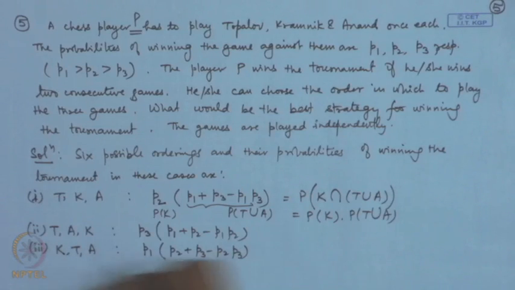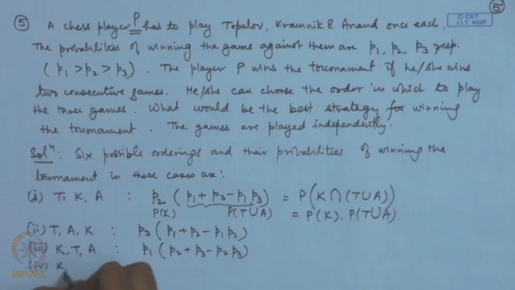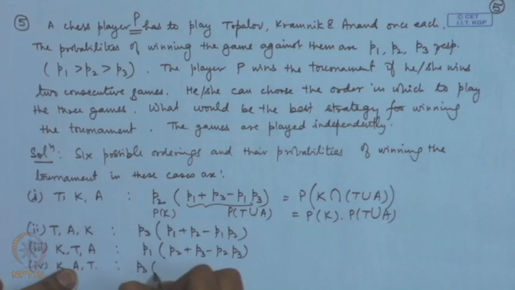Then let us look at fourth, K A T. So, you should certainly win the second one, that is P 3, then P 1 plus P 2 minus P 1 P 2.